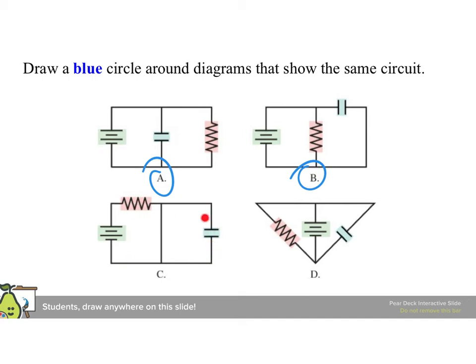So the resistor is not in the parallel branch, so it's not the same as A or B. D, we might come out and either go through the resistor or we go through the capacitor and back, which means D actually turns out to be the same as A and B. As an aside, this is not a crazy circuit at all, because you'll get current through the capacitor until it's at equal voltage to the battery, and then just a regular current through the resistor with a charged capacitor. So this could be a circuit that is used to charge that capacitor.